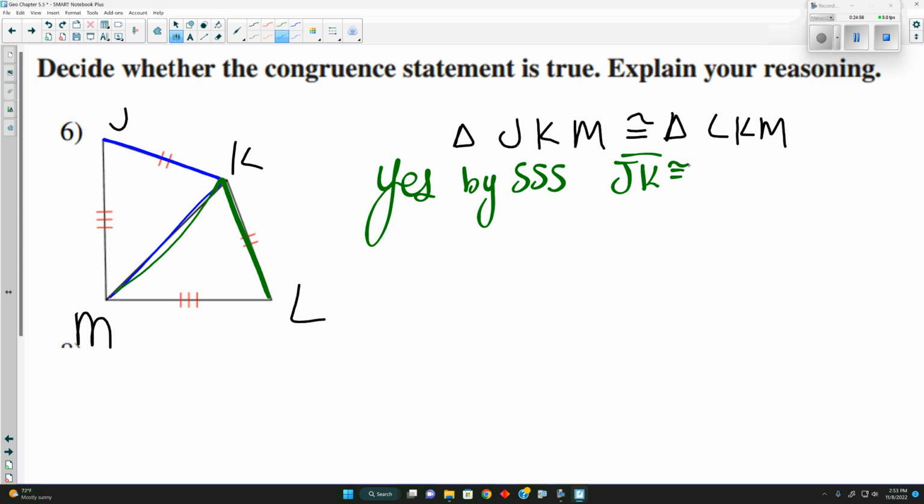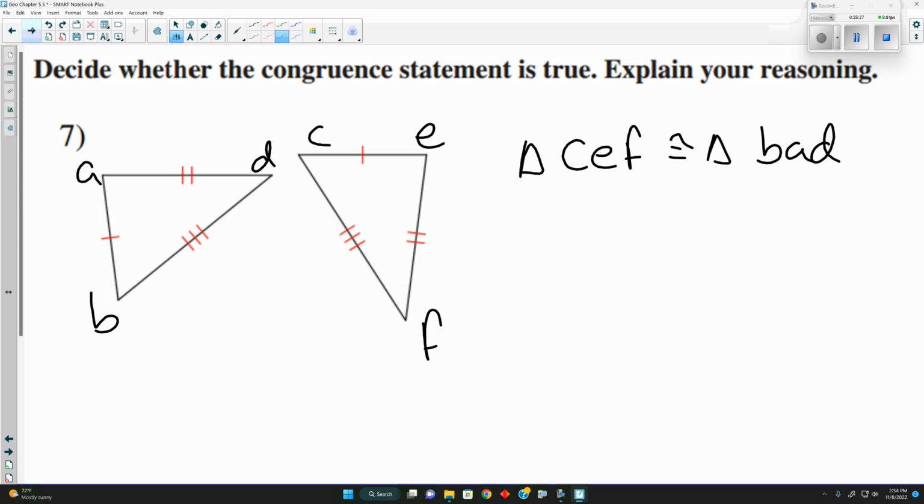So JK is congruent to LK. KM is congruent to KM. It's congruent to itself. And then JM and ML. Yes. Any questions on any of this here?